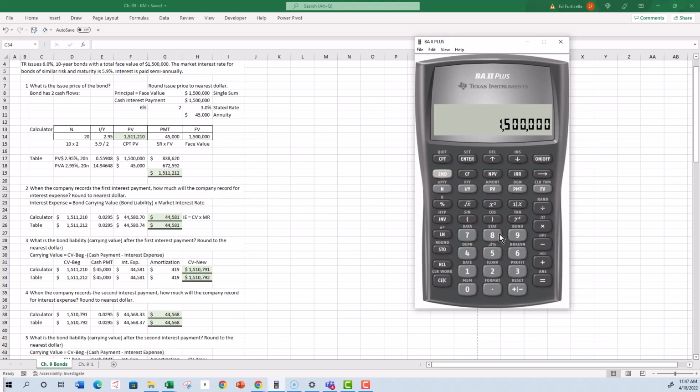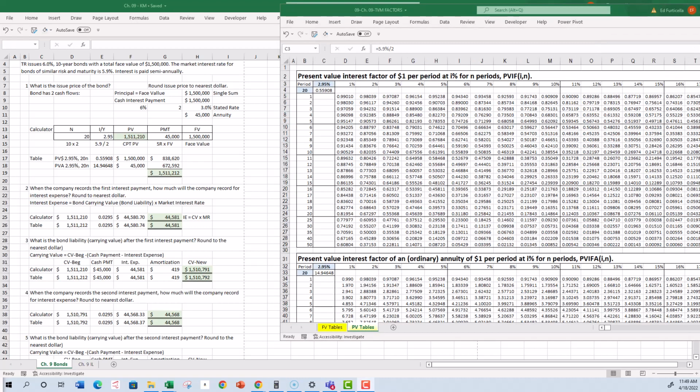And then the future value will be the face value. It's what we owe our investors at the end of the maturity of the bond. We compute the present value and we get a price of $1,511,210.